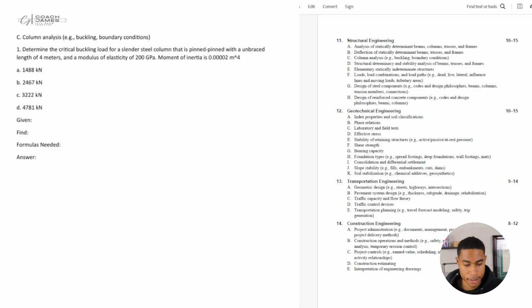All right, so what information are we given? Well, we're given the unbraced length. We are given the modulus of elasticity. We're given the moment of inertia.